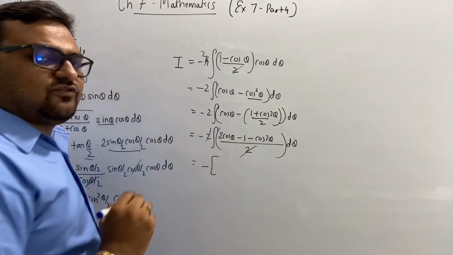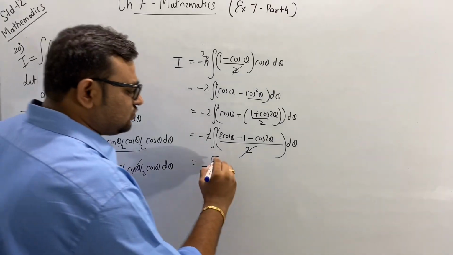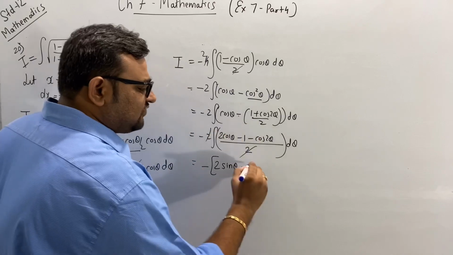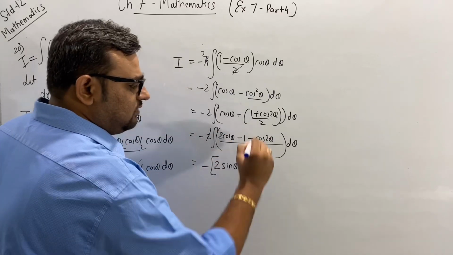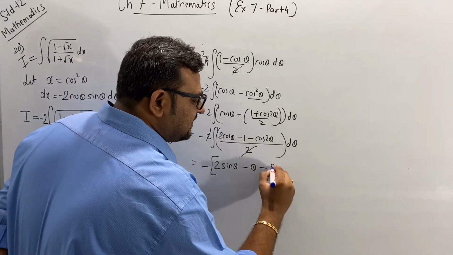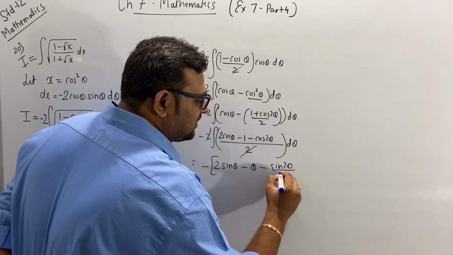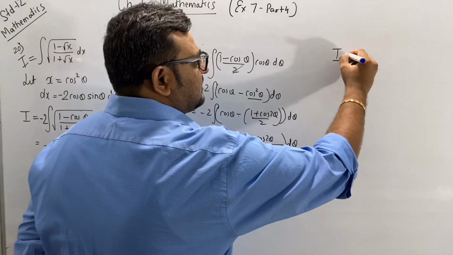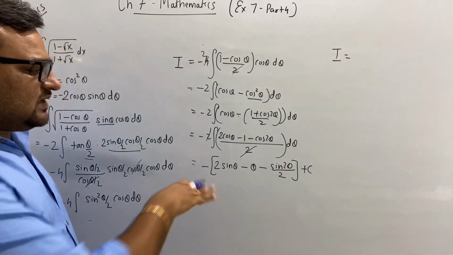So this will be equal to minus. What is the integration of cos theta? Sin theta. So 2 sin theta. Integration of 1 is theta. Integration of cos 2 theta is sin 2 theta upon 2, plus c. Right? So now let's multiply this minus sign.